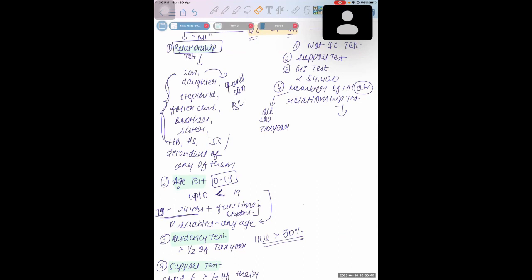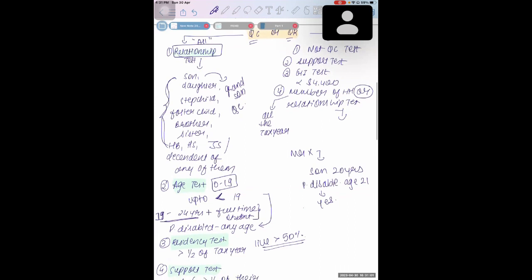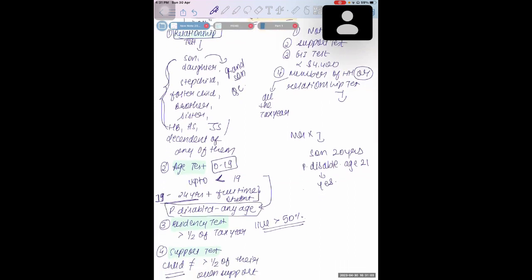Suppose Mr. X's son is 20 years old, and till now he was not disabled, but for some reason he is now permanently disabled at the age of 21. Can Mr. X now take credits? Yes. See, if a child is permanently disabled, the age will not matter. Whether it's at the age of 21 or at the age of 40.